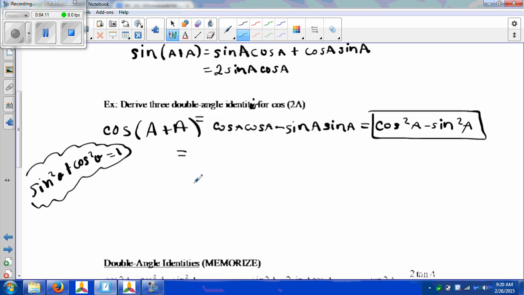So that'll give me 1 minus sine squared A minus sine squared A. So now this gives me 1 minus 2 sine squared A. That's the second trigonometric identity.